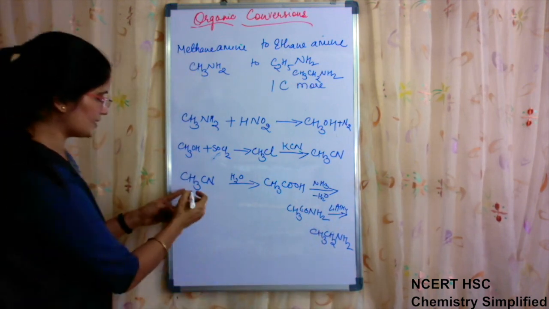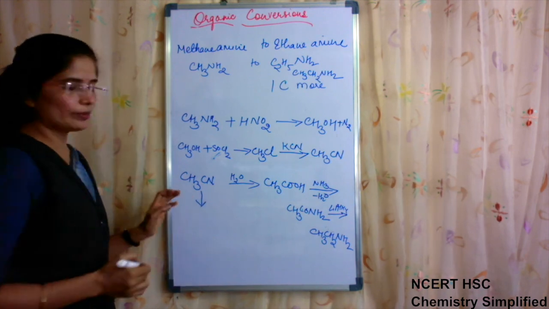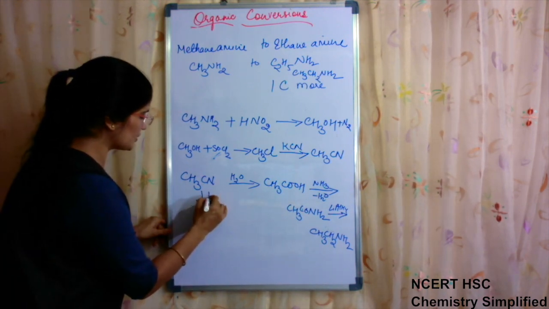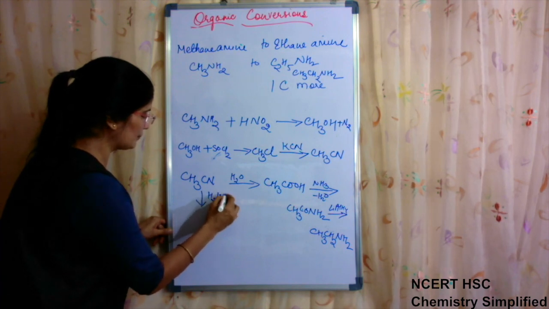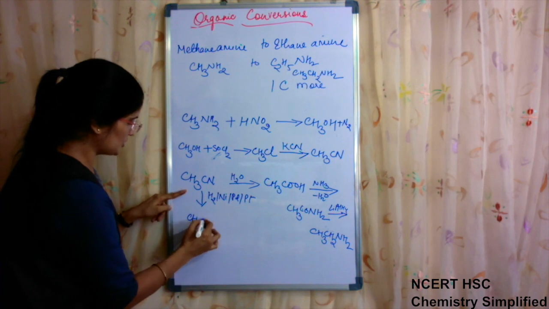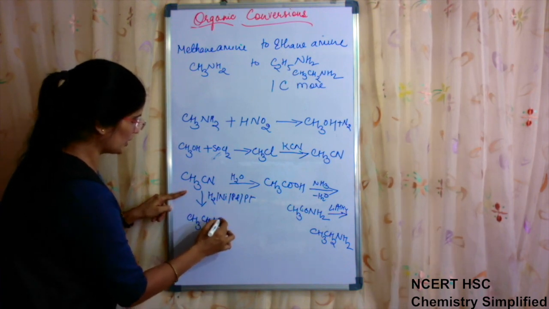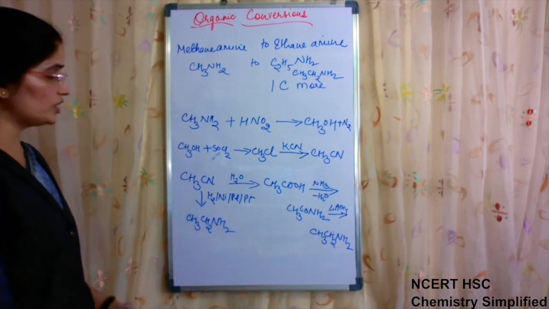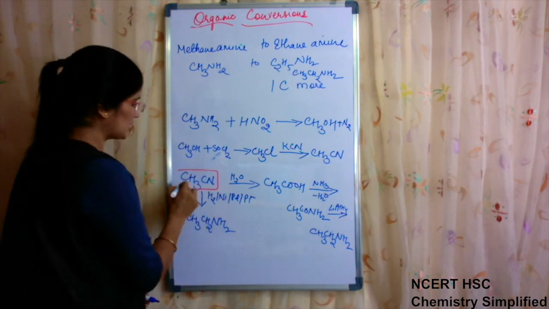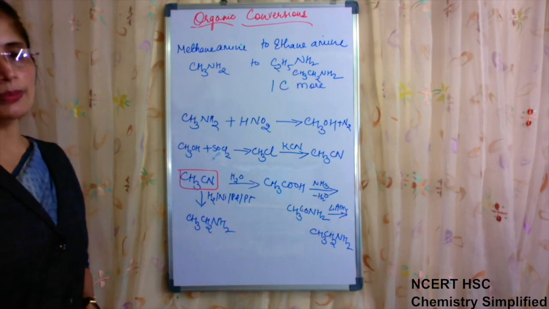Or simply when cyanides are obtained, you remember one more reduction we have done. Cyanides directly reduce in presence of hydrogen with nickel, palladium or platinum and can convert into CH3CH2NH2. So you don't need to follow this long method. See what product is required.